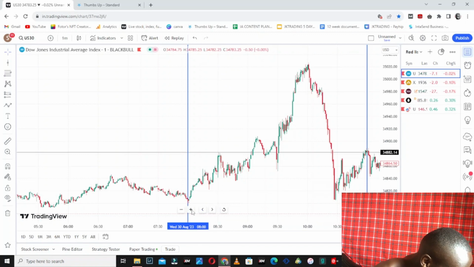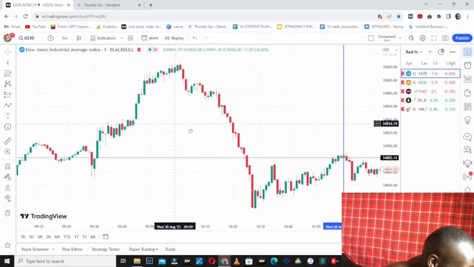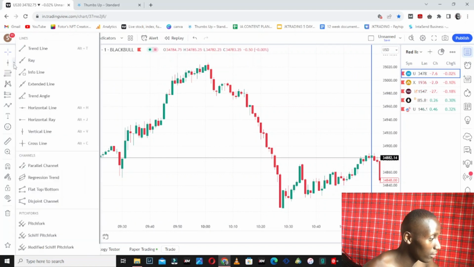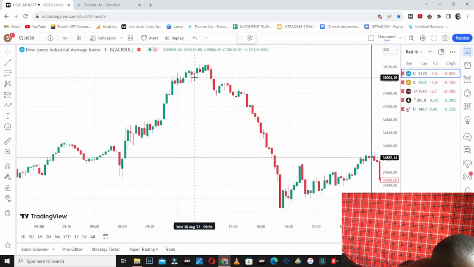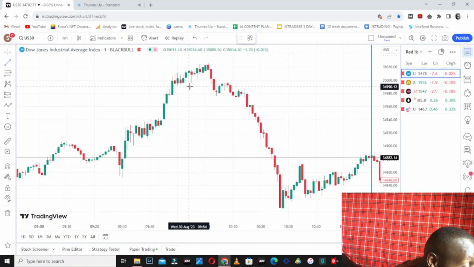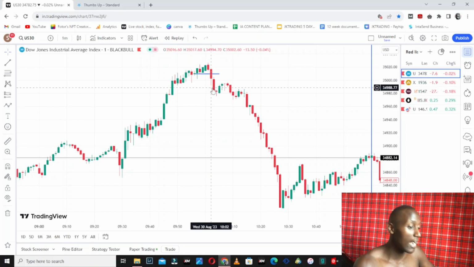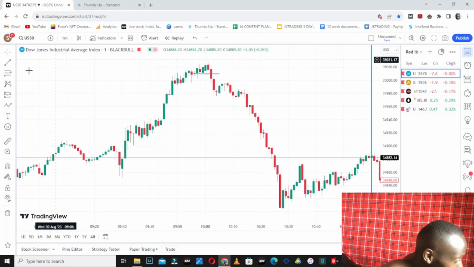So this is where our engulfment candles come into play. Now we have this M pattern here with the breaking structure. Then we have a retest.